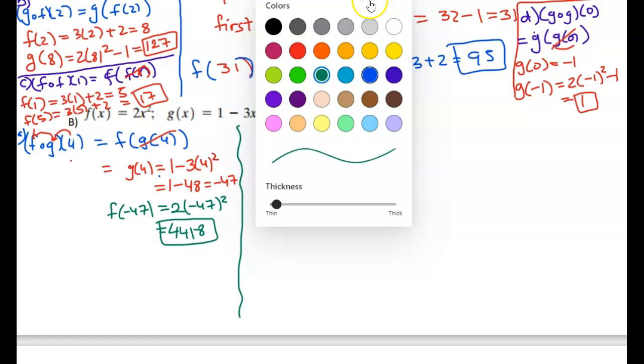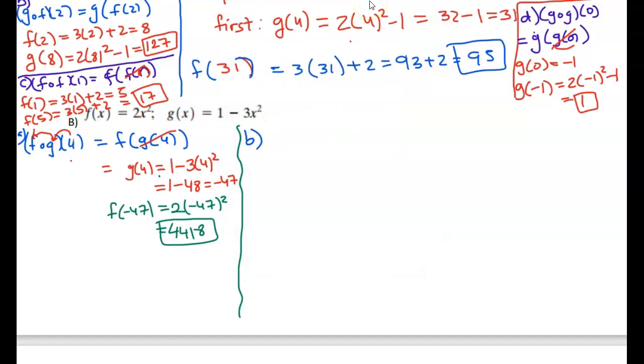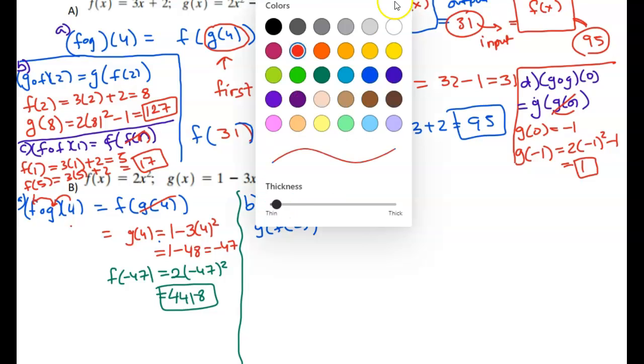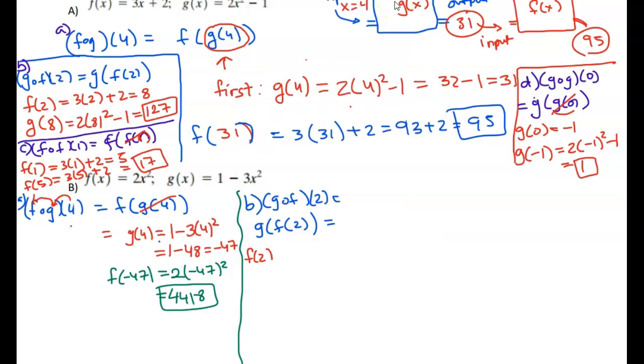Alright, let's look at part B. So part B was g of f of 2. This is the same as g of f of 2. Start with the inner f of 2.